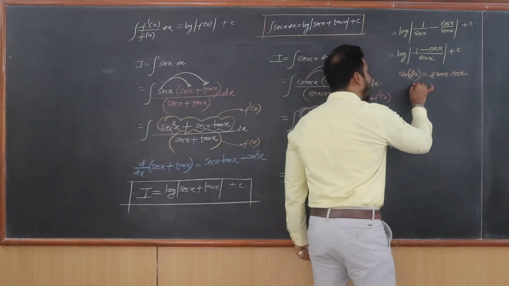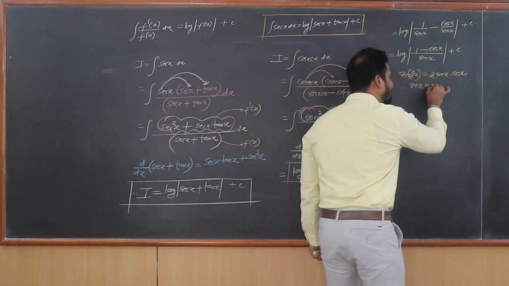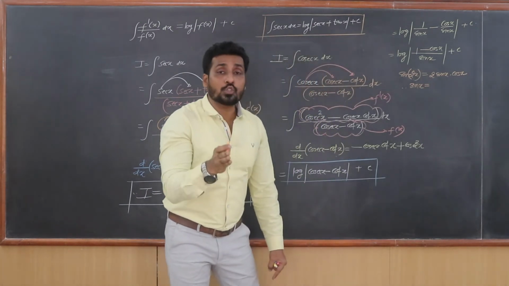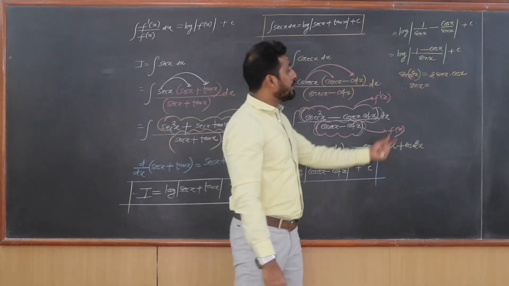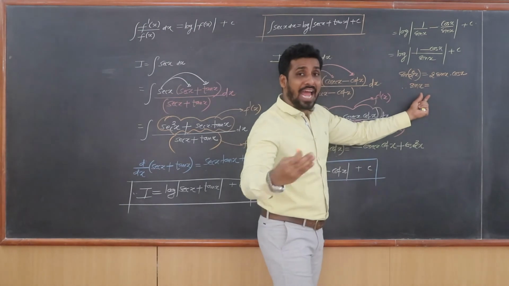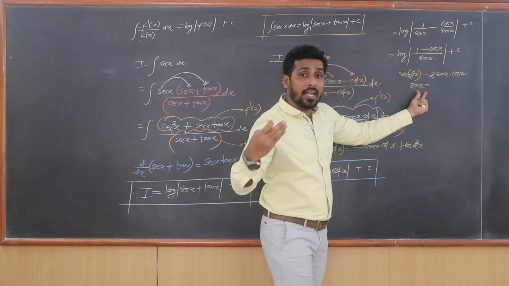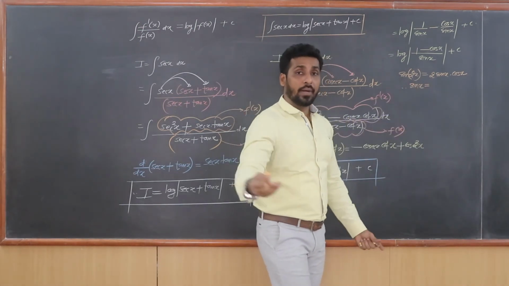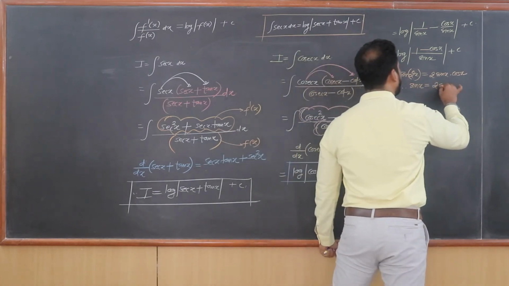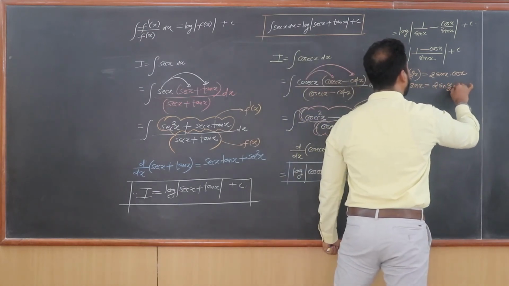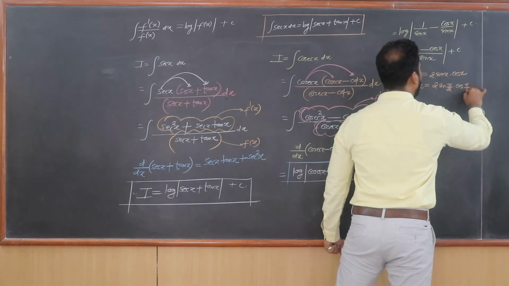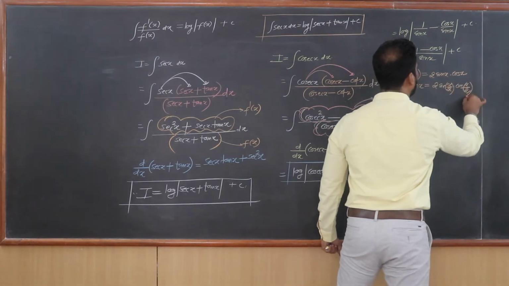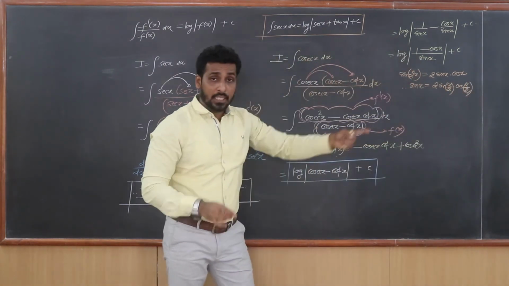So students, if I ask you to write the formula for sine x, the formula is called the half angle formula. That means you have to take the half of the angle. So the half of angle x is going to be what? x by 2. So my answer is 2 sine x by 2 and cos x by 2. Isn't it? So that's the formula of sine x.